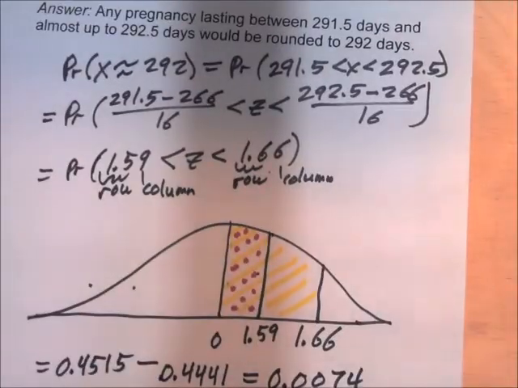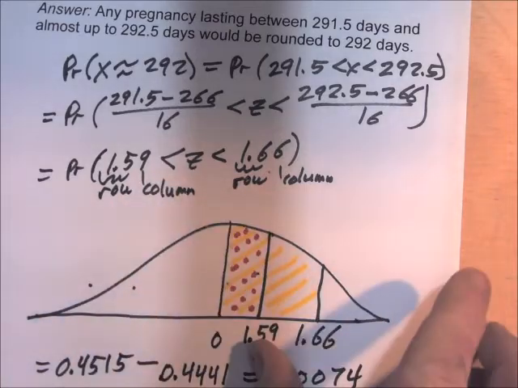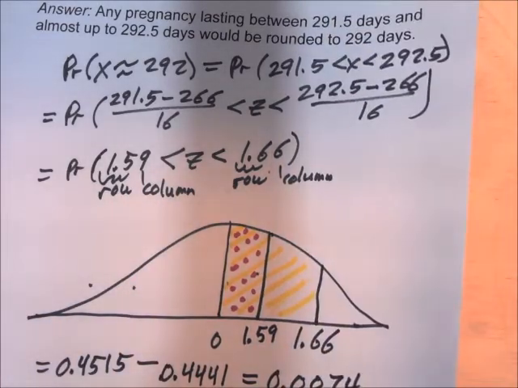If Z is between a positive and negative, then you would look up both numbers and add.